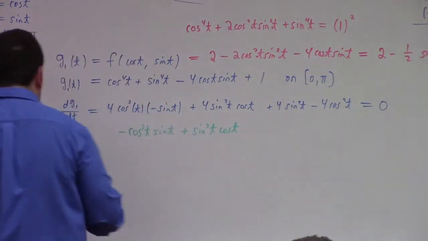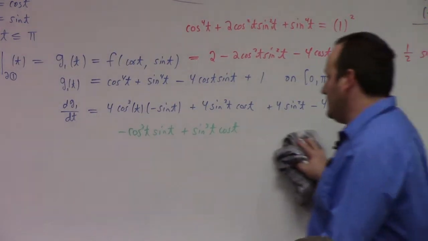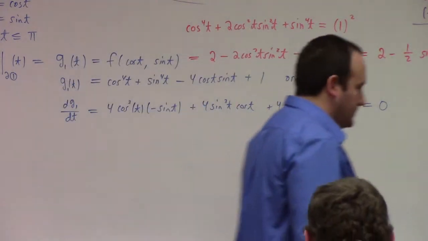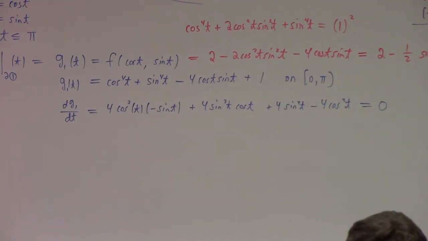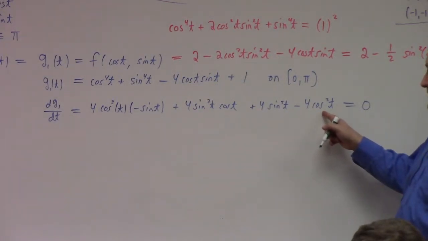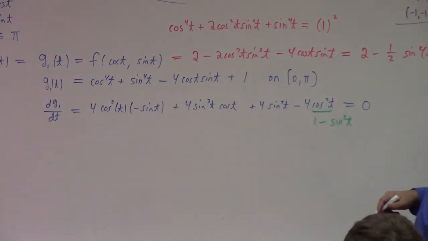I'm not doing anything. Sorry, let's try to make a simplification there. Can we convert all of these to either sine or cosine? So cosine squared is 1 minus sine squared, right? I'm not sure if that's helpful or not. It's something I could do.